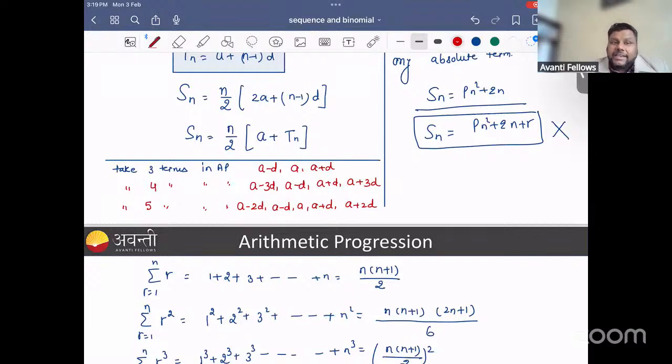But taking terms like this is only worth considering if in the problem they are talking about the sum of terms. If they are not talking about the sum of terms, this is not so worthy. Then you can directly take three terms as A, A plus D, A plus 2D. That will also work in the same manner. Got it?